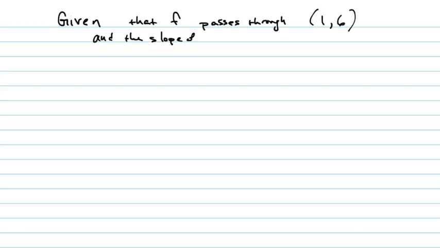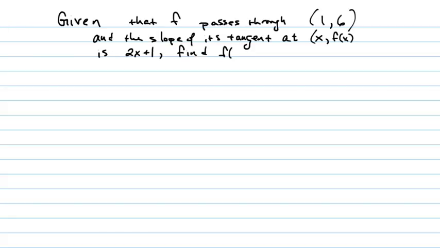Given that F passes through the point 1,6 and the slope of its tangent line at any x f of x is 2x plus 1, find f of 2.